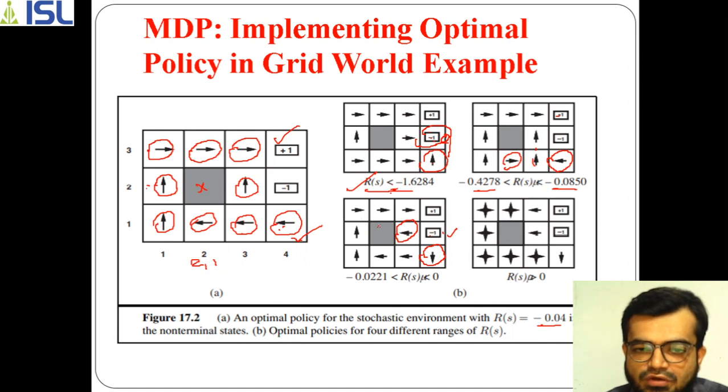Here there is still a wall, but it still tries to move on to this state, because the agent knows that if it goes to this, it gets -1. That means when it comes to the current state, only then will it determine the future state.